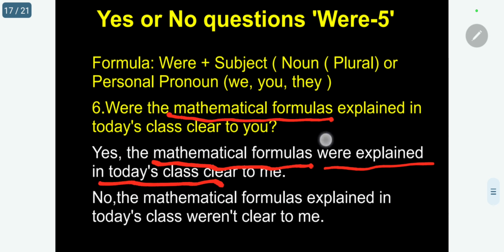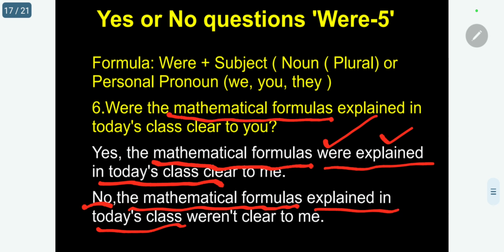So "were" is the auxiliary verb, plural, and "explained" is the main verb, past participle. So negative, no, the mathematical formulas explained in today's class weren't clear to me. Weren't clear to me. Kindly follow.